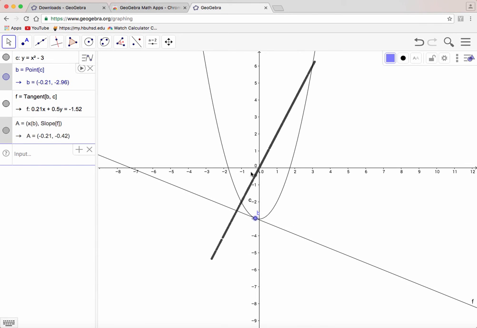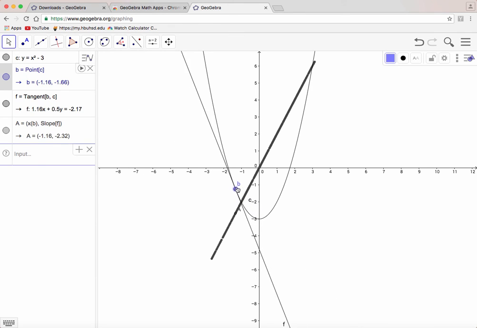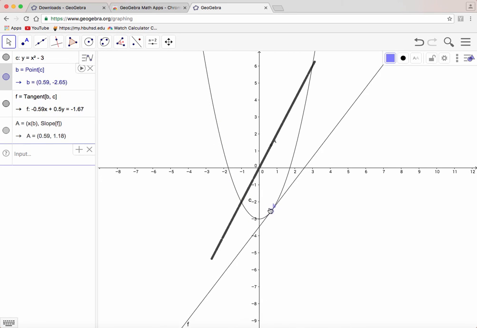Now my y value is negative. The further to the left I go, the steeper the negative slope is, so my y value is lower and lower and lower. Meanwhile, on the right side, the more to the right I go, my slope gets steeper and steeper, so my y value gets higher and higher.